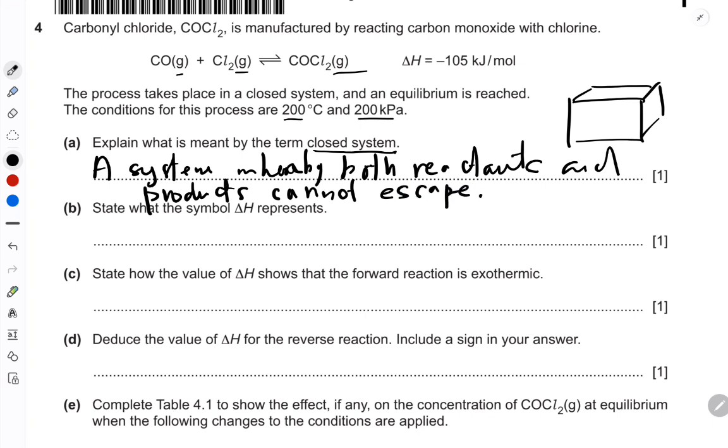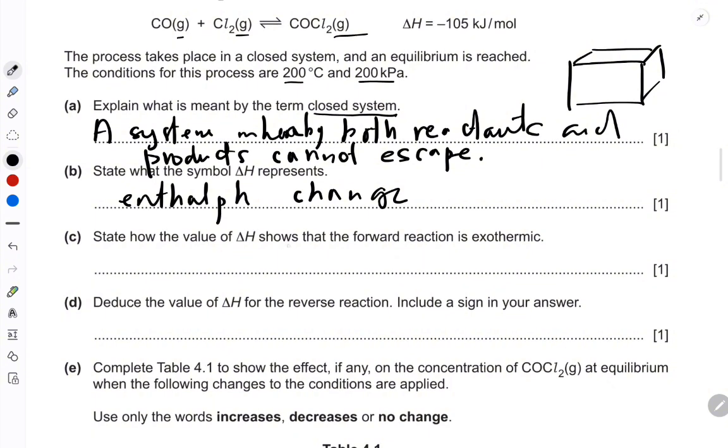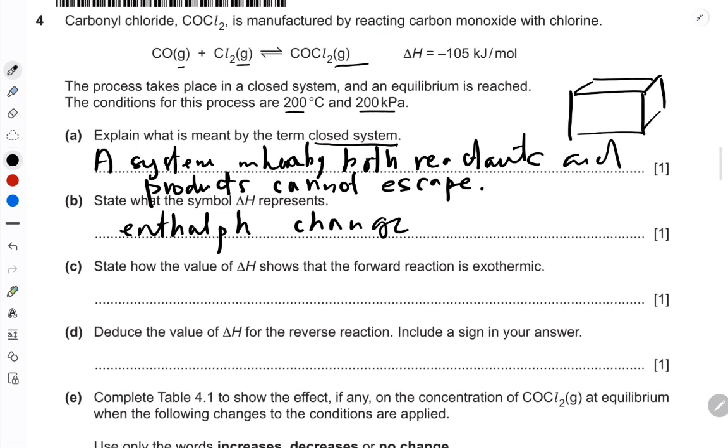Now, state what the symbol delta H represents. It's called an enthalpy. Delta is change, enthalpy change. State how the value of delta H shows that the forward reaction is exothermic. Remember, all statements here are always with respect to the forward reaction. So the forward reaction is exothermic.